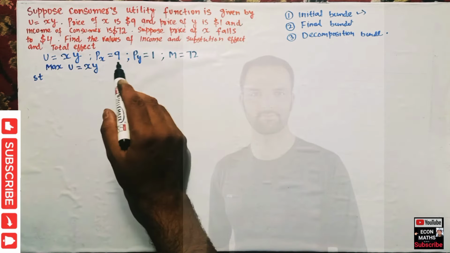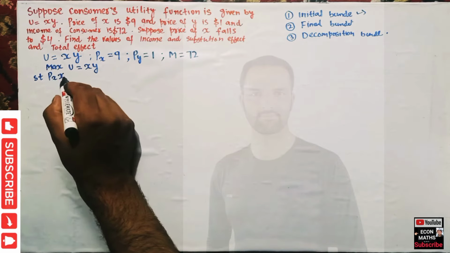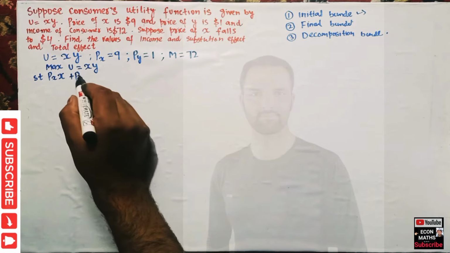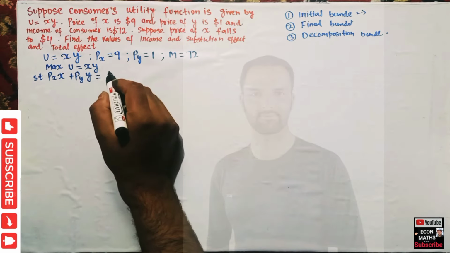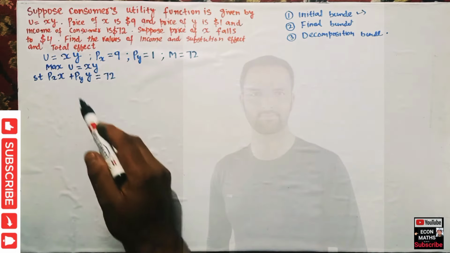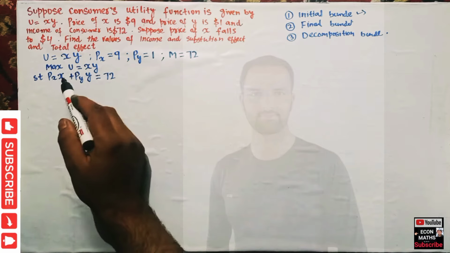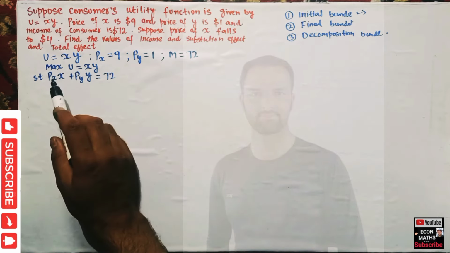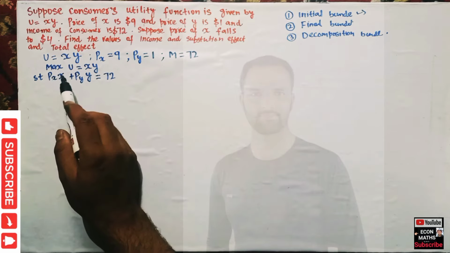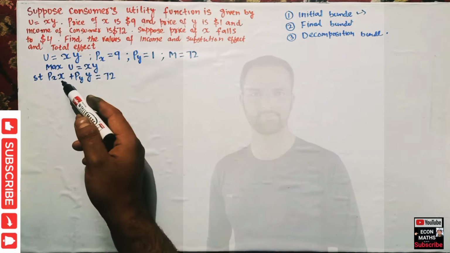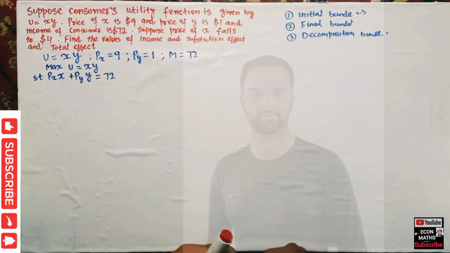Our budget constraint is the price of x times the units of x plus the price of y times units of y should be equal to 72. That means all our income should get exhausted in purchasing the x good and y good.